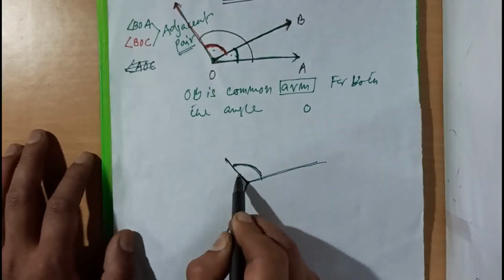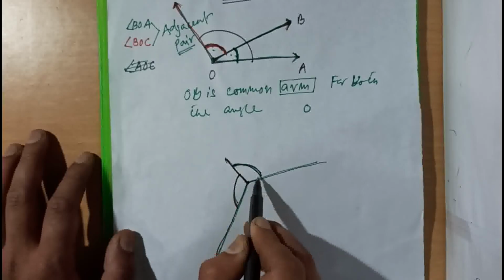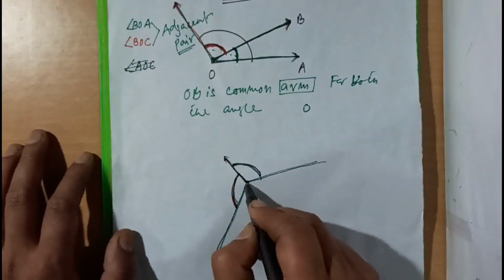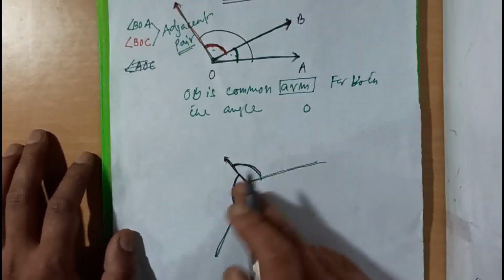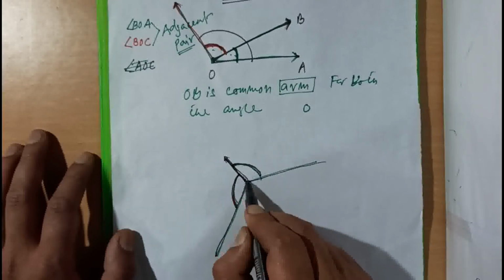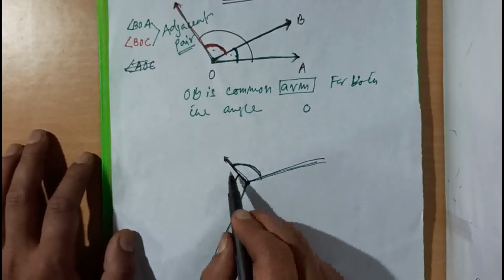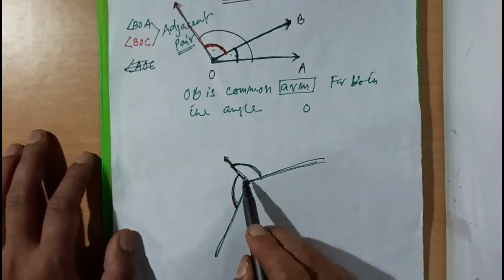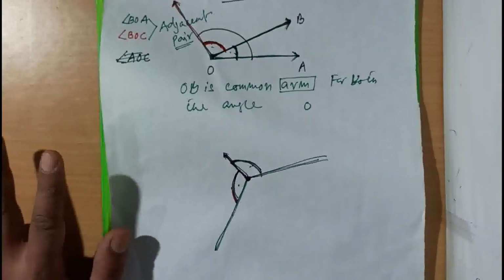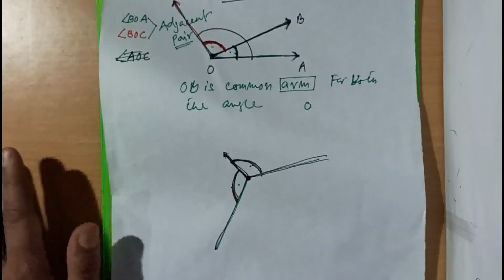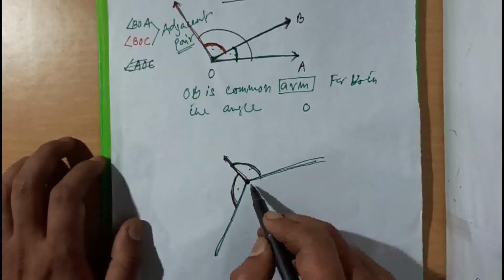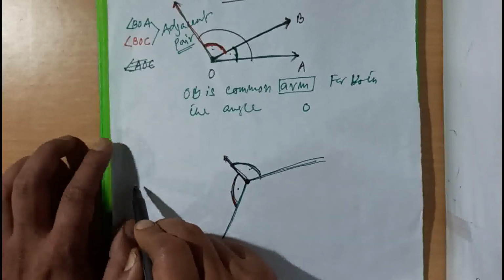That means this particular arm is shared by this angle and this angle as well. And at the same time the vertex of this angle is this, and the vertex of this angle is also this. That means these two angles have one common arm and one common vertex.